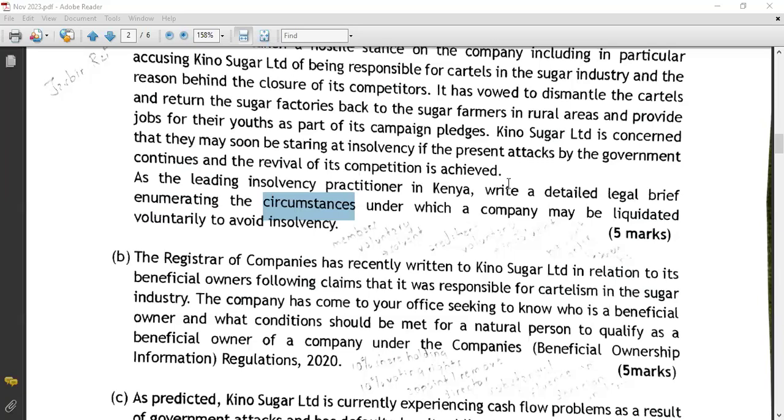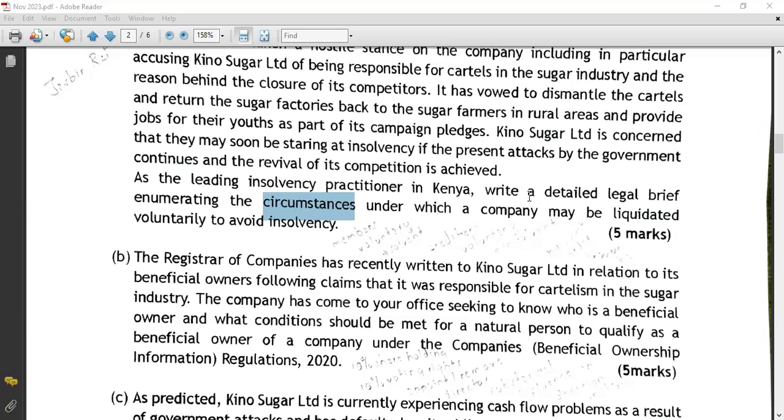A company may be liquidated voluntarily when the period, if any, fixed for the duration of the company by the articles expires, or the event, if any, occurs on the occurrence of which the articles provide that the company is to be dissolved, and the company in general meeting has passed a resolution providing for its voluntary liquidation, or if the company resolves by special resolution that it be liquidated voluntarily.